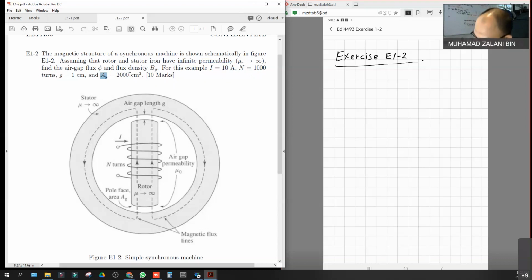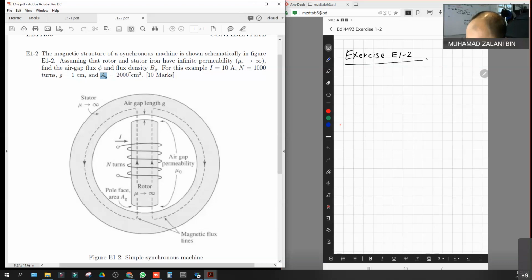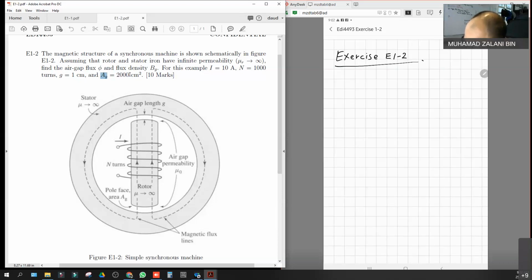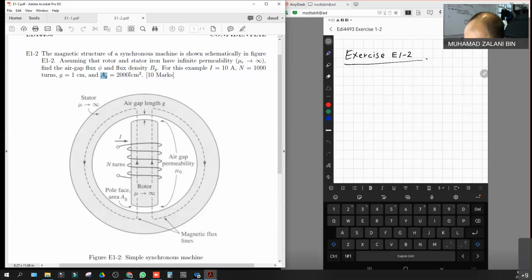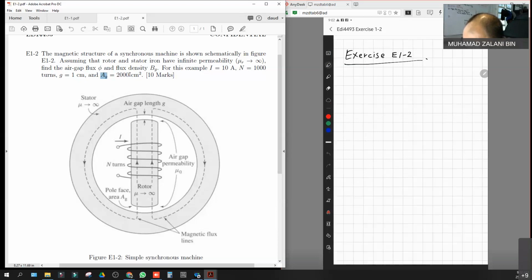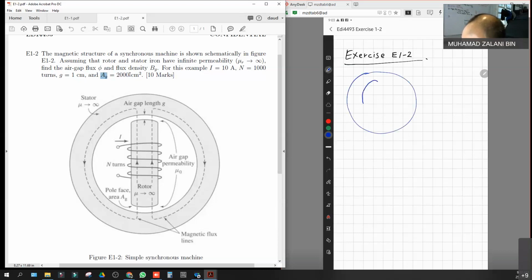So first things first, what we do is some sketch so that we can get a clear picture of this question, right? Let me start by drawing this representation of the machine. So this is the synchronous machine, which should have a stator and rotor.